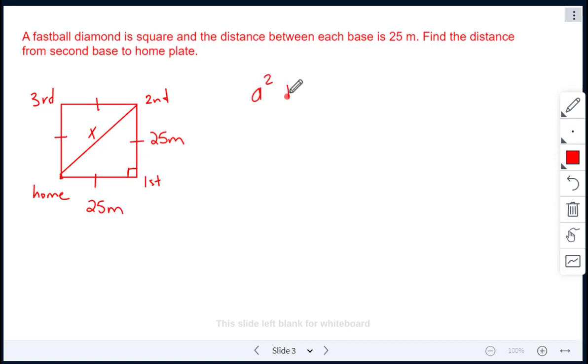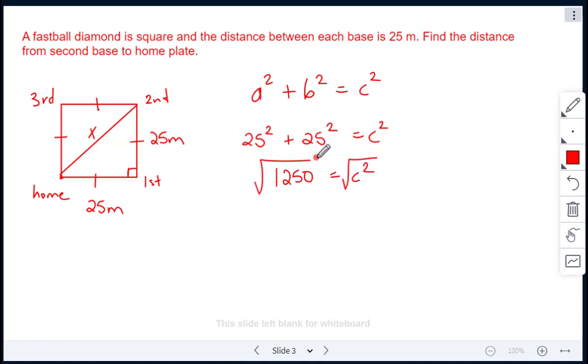So a squared plus b squared is equal to c squared. So 25 squared plus 25 squared is equal to c squared. Okay, so let me just put that into my calculator. That gives me 1,250 is equal to c squared.